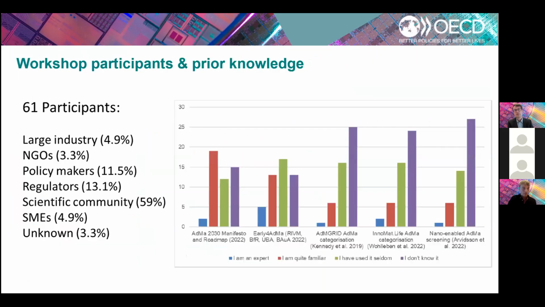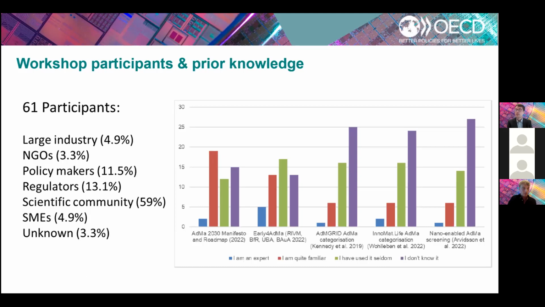In this workshop, we clearly saw that participants had a different level of pre-knowledge, pre-exposure to these different schemes. If you just want to look at the red bars, the red bars tell you I am quite familiar. So many of our participants were quite familiar with the Advanced Materials Roadmap, the AdMa 2030 manifesto and roadmap.